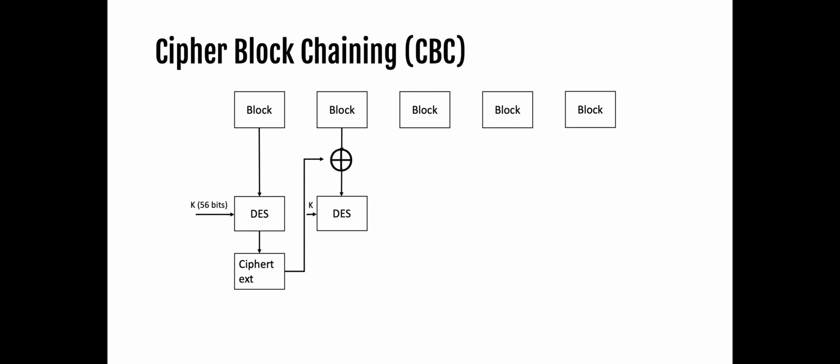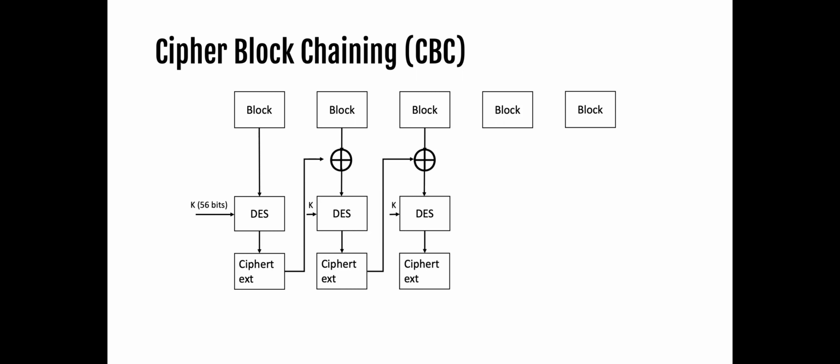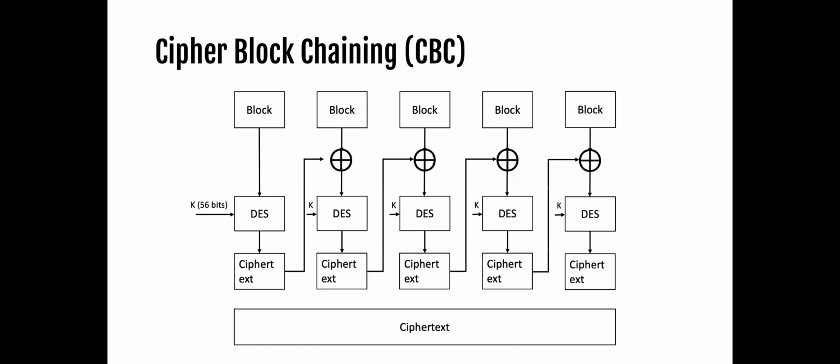We combine this ciphertext with the next plain text block, XOR them together, and then encrypt it. And then we get the next ciphertext, and we just keep it going until we get the entire plain text.